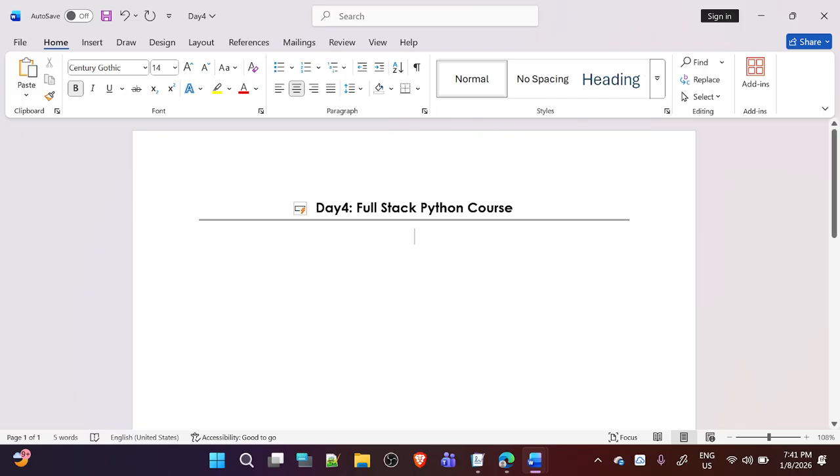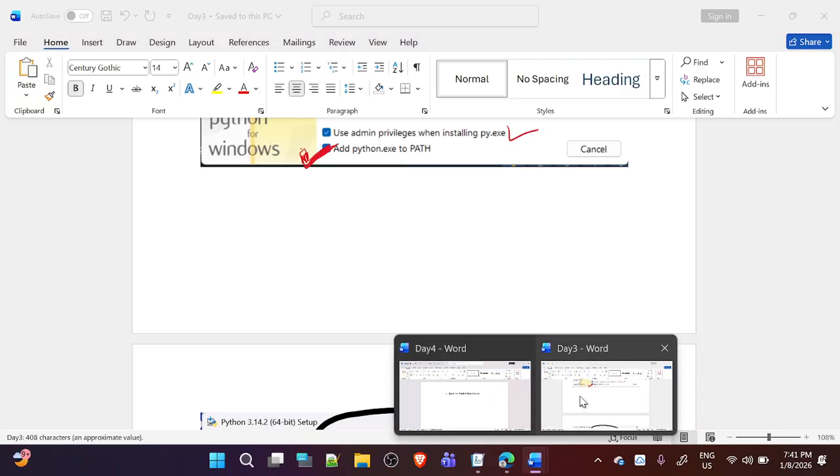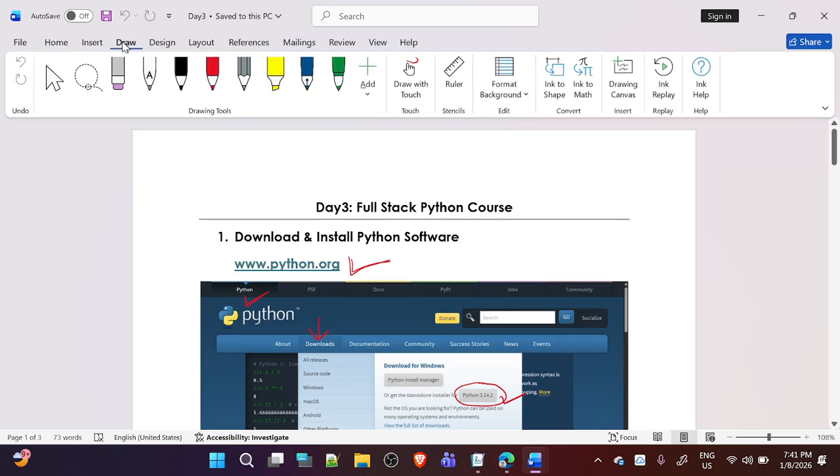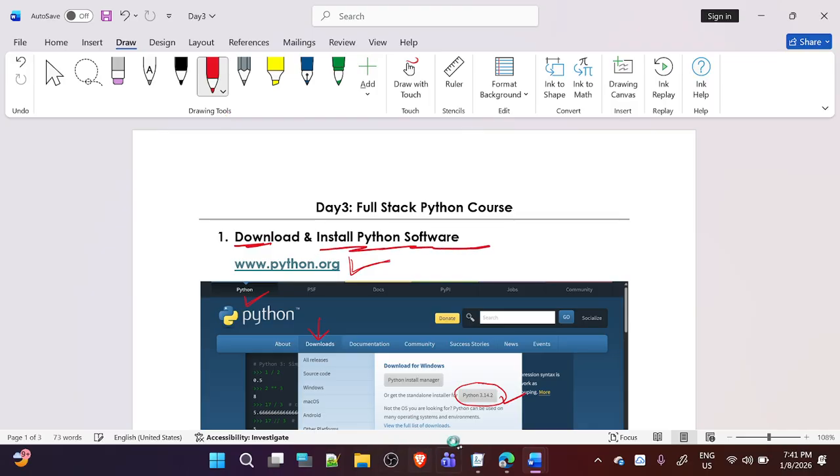In the last class we discussed how to download and install Python. So we have seen how to download and install the Python software.